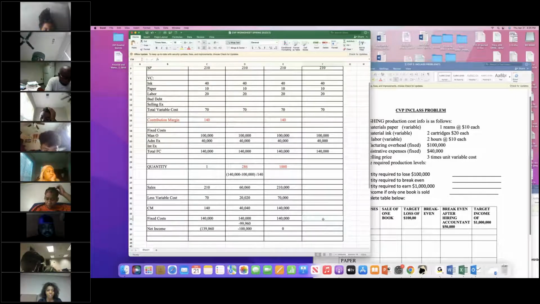Is that okay? That's okay too. But you can't sell a part of a product, so it's best if you round to a whole number, because we have to use these numbers elsewhere.